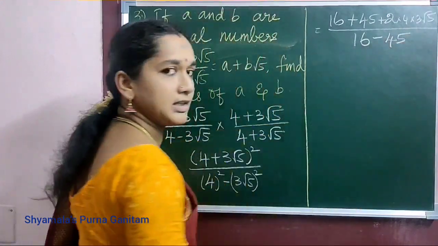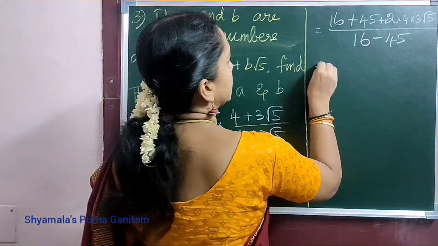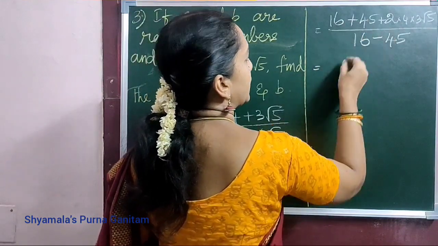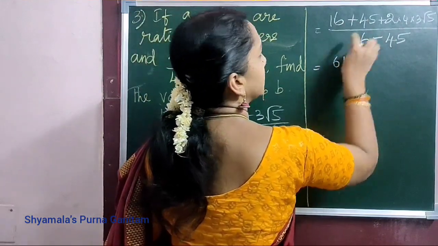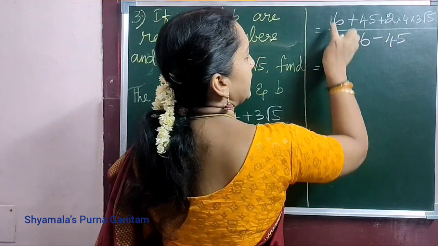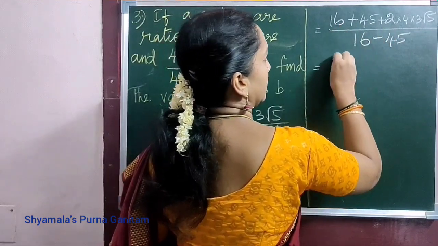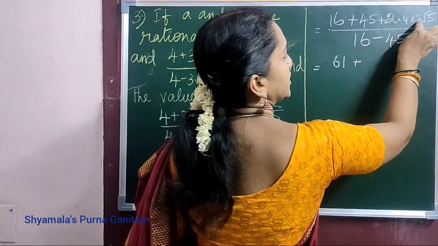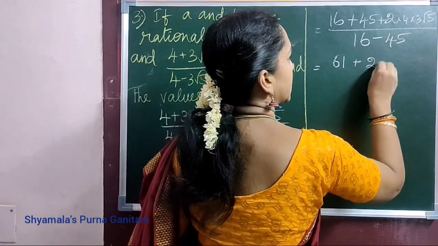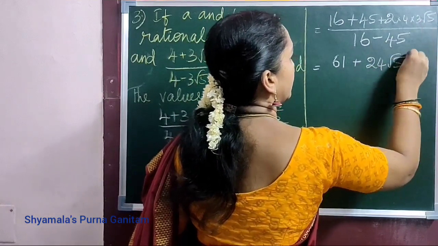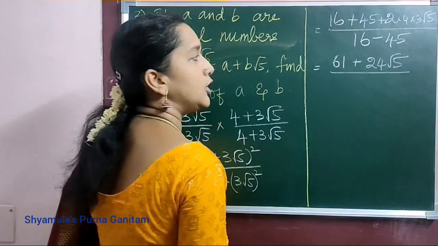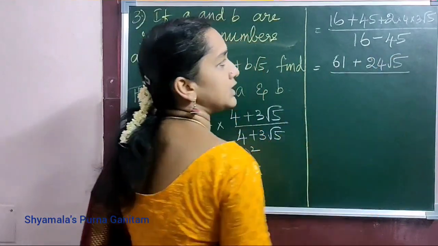So 16 minus 45. Okay, so this one you simplify. 16 plus 45 is 61. Plus, this one is 3 2s are 6, 6 4s are 24, so 24 root 5, by the denominator 16 minus 45.